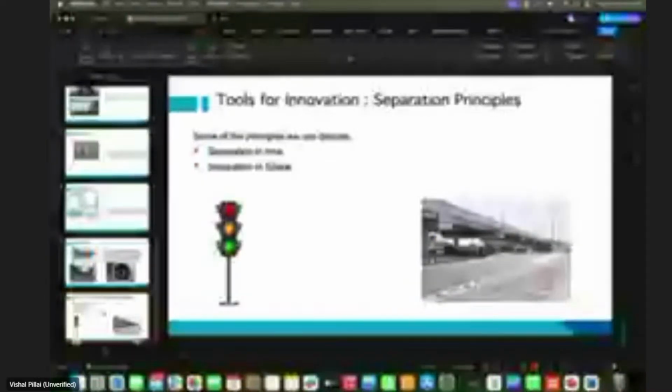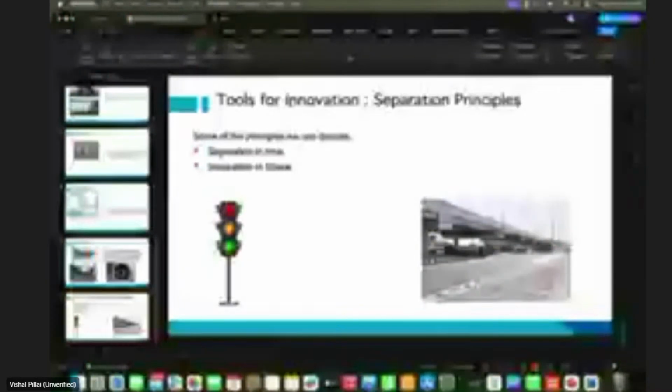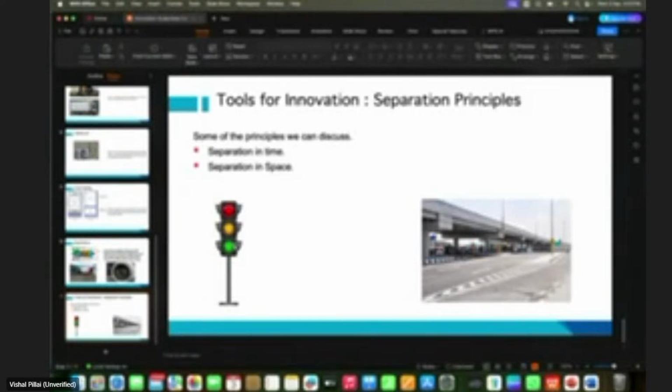Another very simple thing that you observe is separation in time. Separation in time can be used in different areas. For example, the traffic signal. It has different colors, and each color has some kind of significance that is known to everyone. When the red light comes in, everyone has to stop, and when there is a green light, everyone should move.